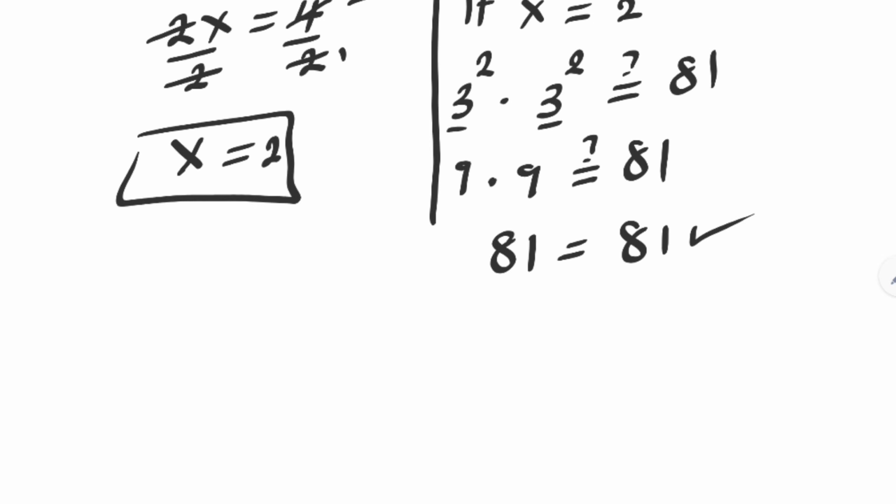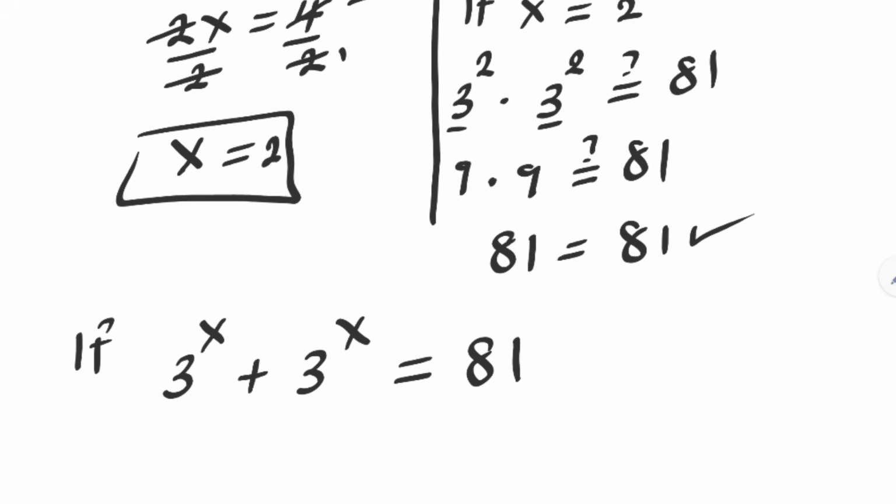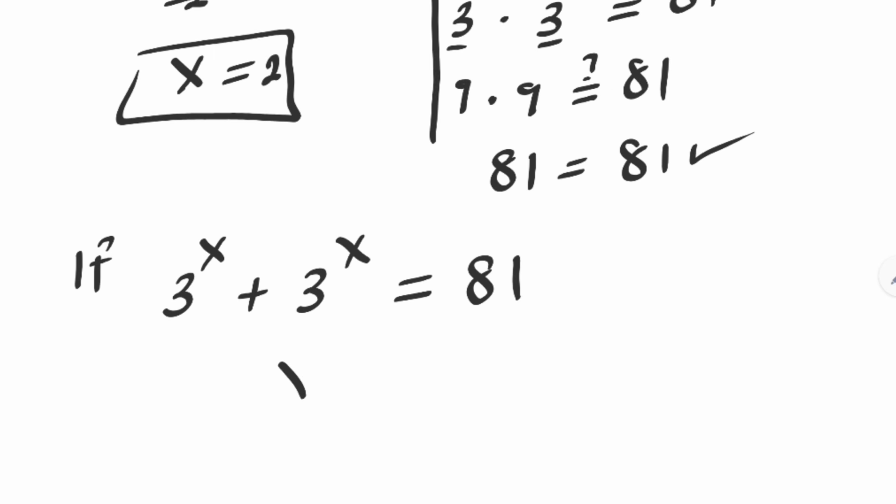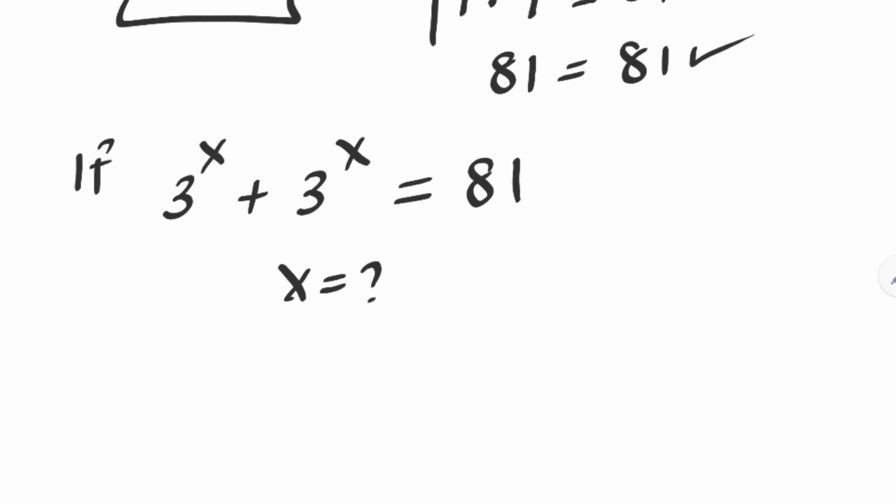Now, let us solve this. If 3 raised to power x plus 3 raised to power s is equal to 81, what is the value of x? Let us see. Here we have 3 raised to power x, which is common.